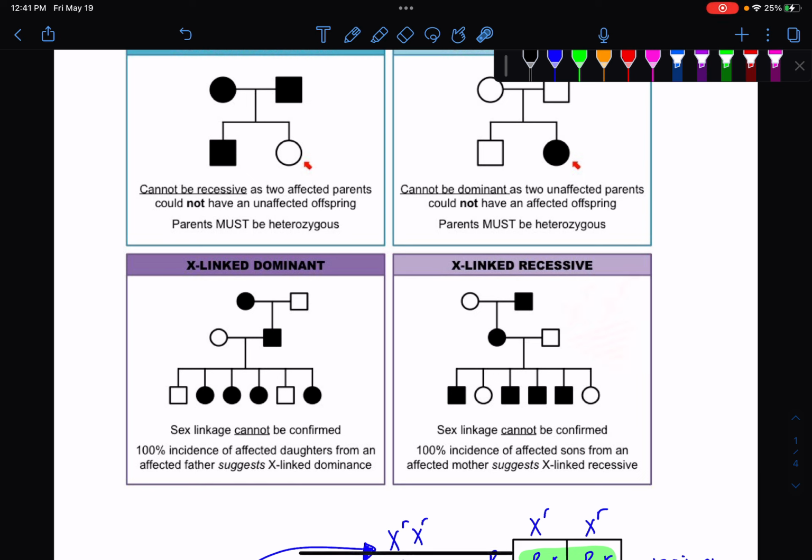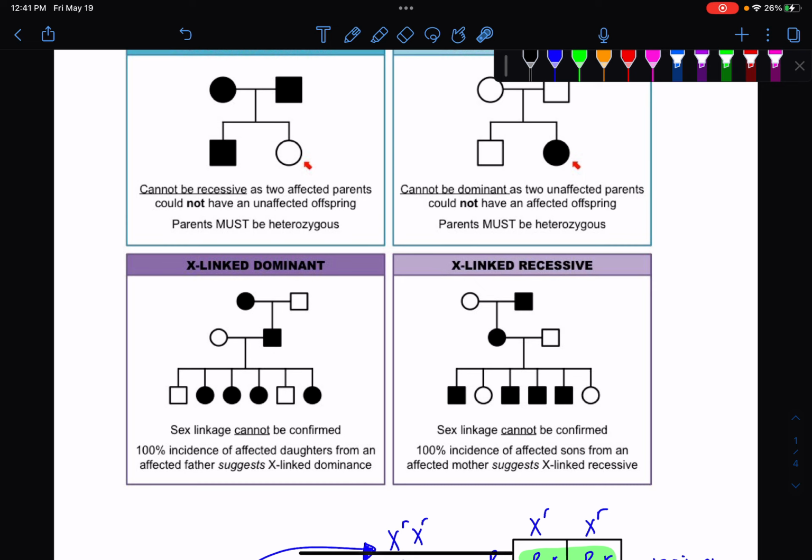So she has to pass down that trait. The reason is because the son only gets 1 X, and that 1 X only comes from the mother. So it doesn't matter if the father's dominant, because he'll have big R, Y. That big R will never go to the son. The son always gets the Y.